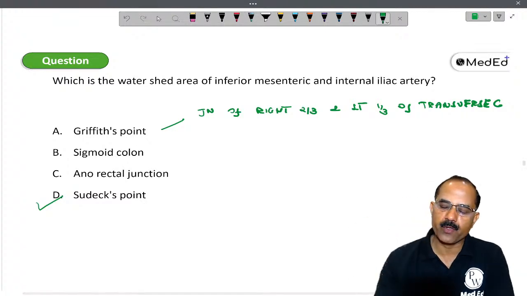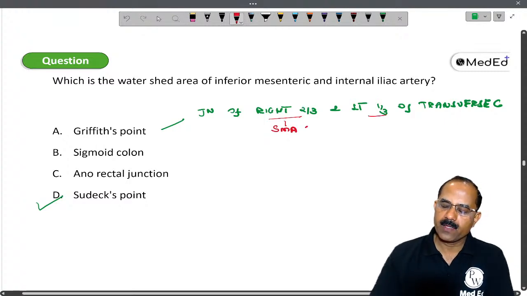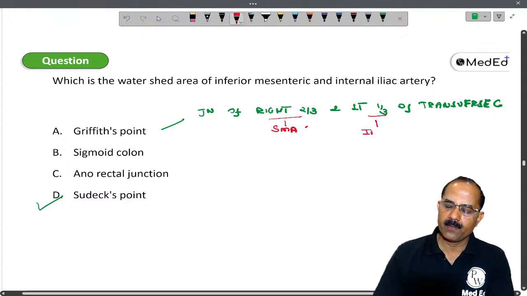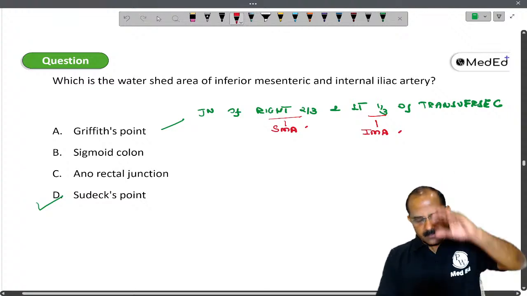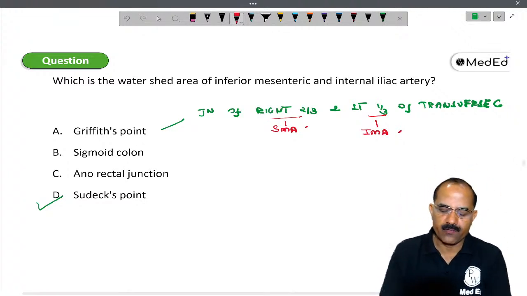That is Griffith's point. The right 2/3 is supplied by whom? Superior mesenteric artery, and the left 1/3 is supplied by inferior mesenteric artery. The junction of right 2/3 and left 1/3 is known as Griffith's point.